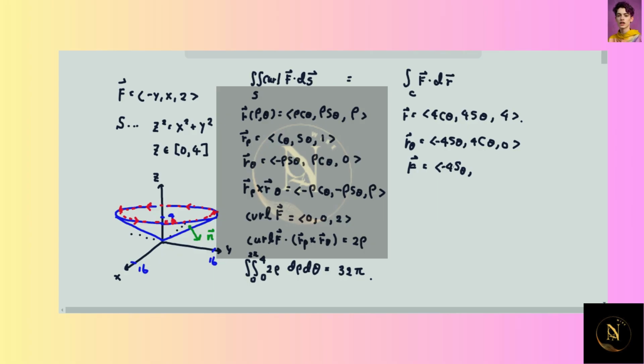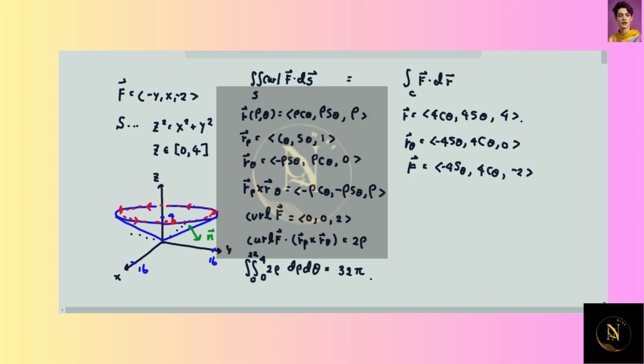X, so this is 4 cosine theta, comma negative 2. Is it negative 2? I must have written that wrong. That should be negative 2. There you go.